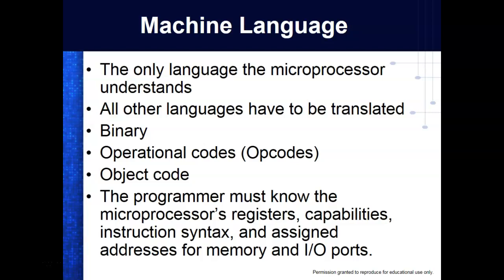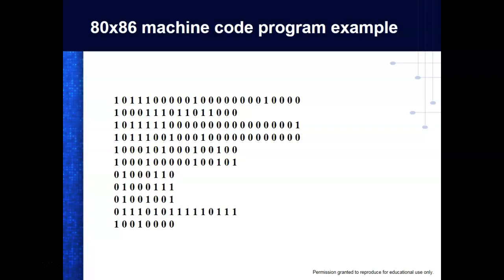Programmers must know the microprocessor registers, the capabilities, the instruction syntax, and all the addresses throughout the program. You have to know how to access the driver for the video. You have to know all the addressing modes. We'll talk about addressing modes, how we access the data, not this semester, but you have to know everything. So this is an example of machine language.